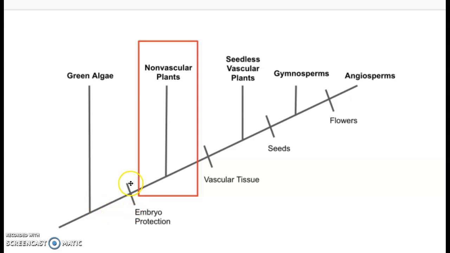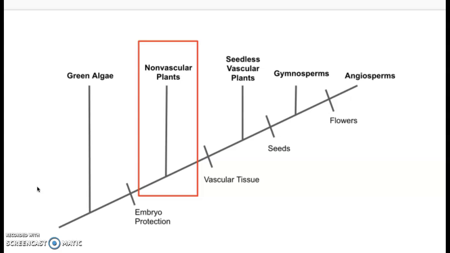And these nodules talk about how anything past this node means that these organisms have that trait. So every one of these organisms has embryo protection, and then everything here has vascular tissue, everything except the green algae and the non-vascular plants. So pause this video to draw this.